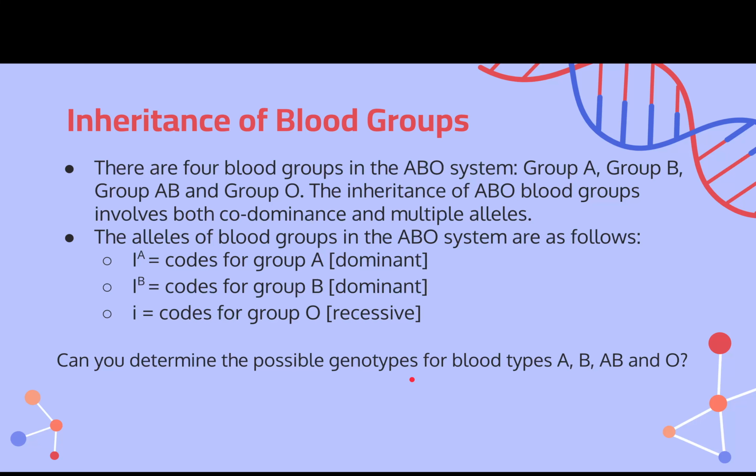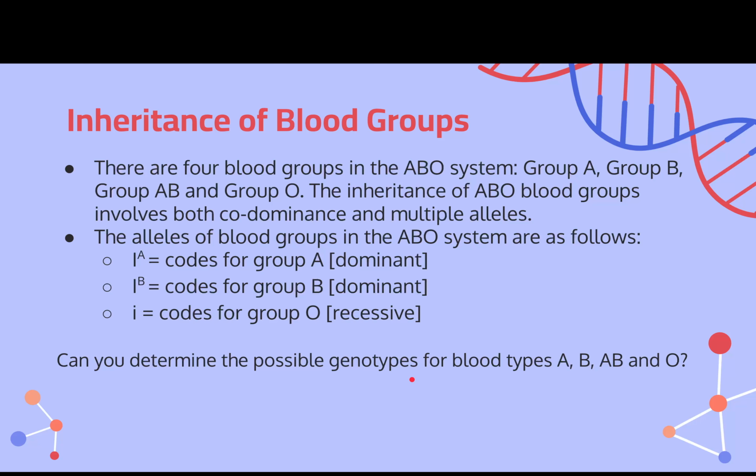You have to write all the possible genotypes of A, B, AB, and O. Yeah, those are the possible phenotypes.